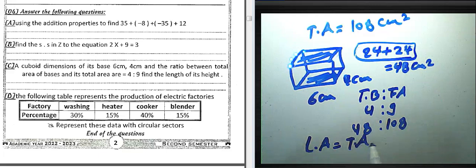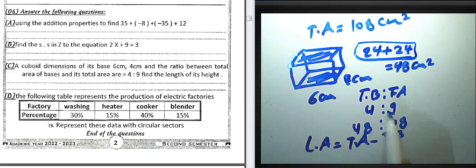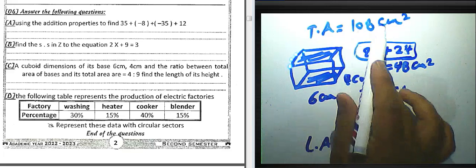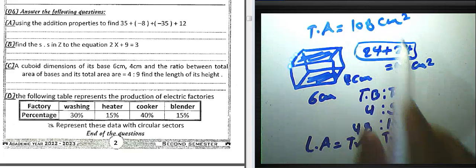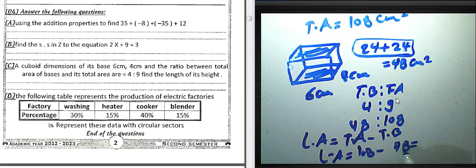Total area 108 subtract the area of the two bases, which equals 48. 108 minus 48: 8 minus 8 equals 0, and 10 minus 4 equals 6, so it equals 60 square centimeters.